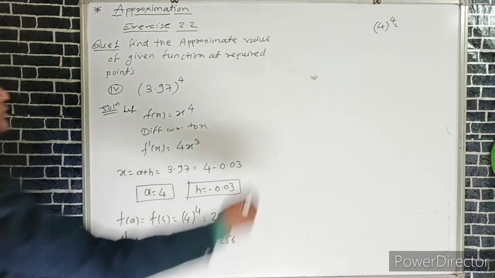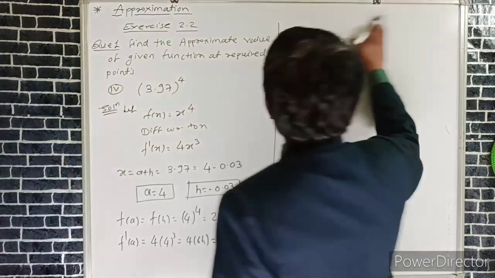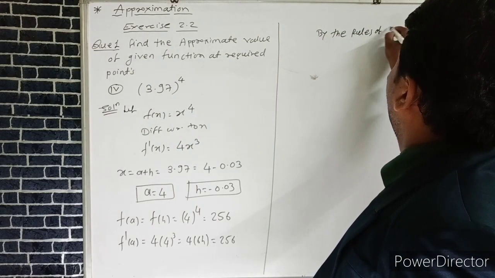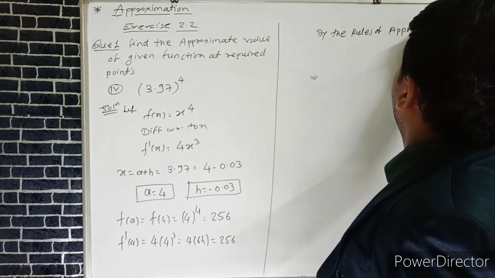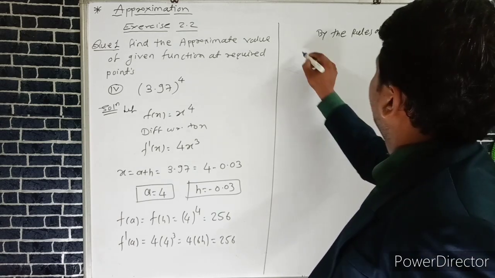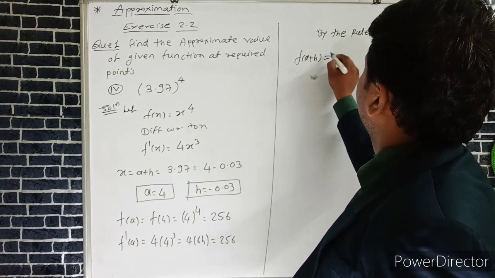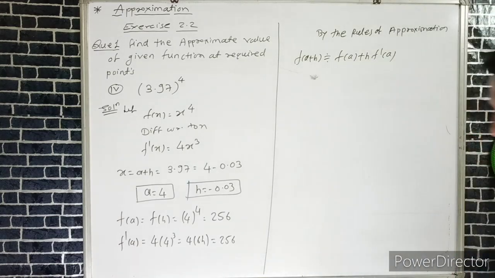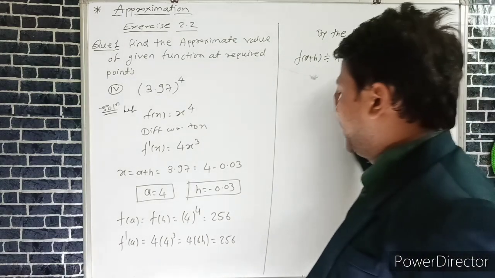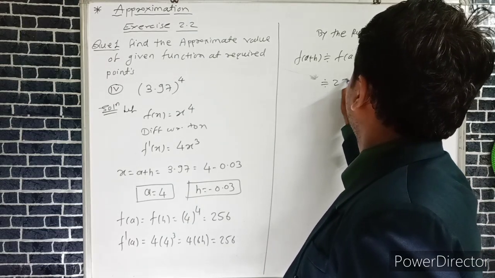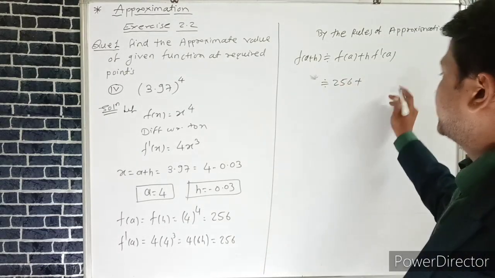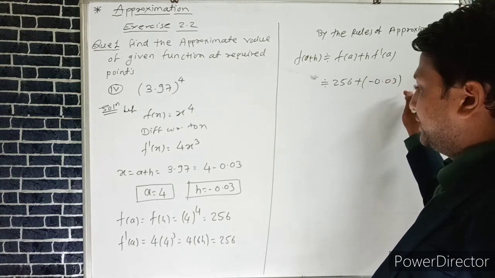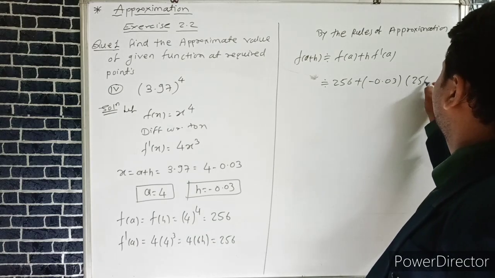So by the rules of approximation, f of a plus h is approximately f of a plus h into f dash of a. So here the value of f of a is 256 plus h, which is minus 0.03, into f dash of a, which is again 256.